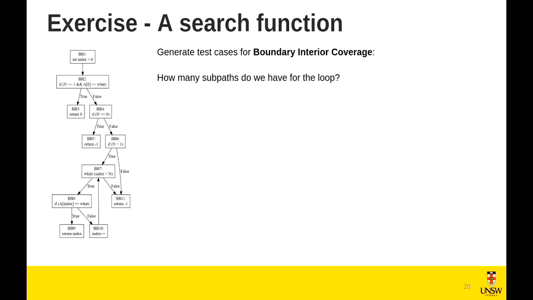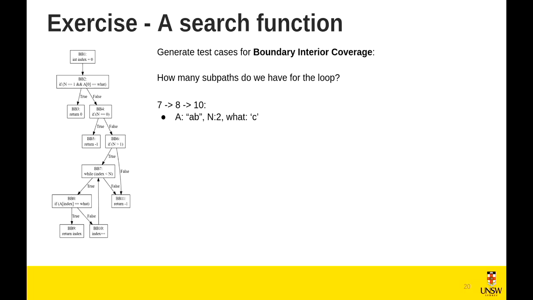Before we think about the test cases, we need to think about what the subpaths are for the loop. So how many loops do we have here? We only have one loop here. And how many subpaths do we have for this loop? Actually, only one, because this one goes out.